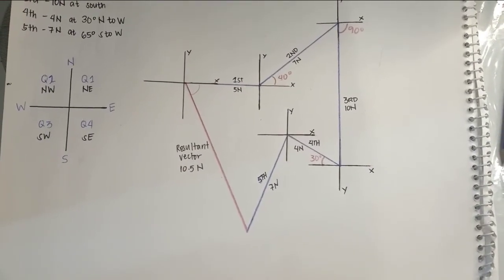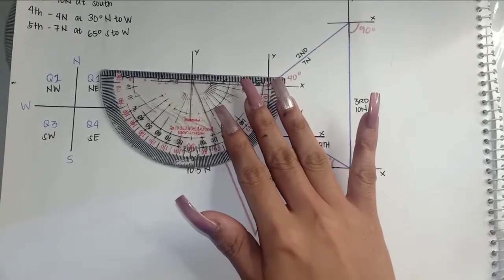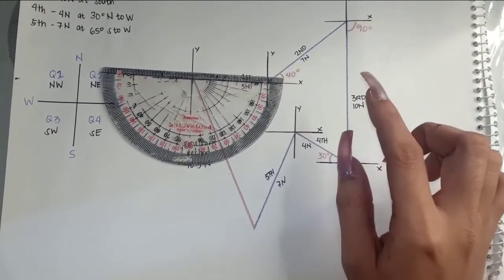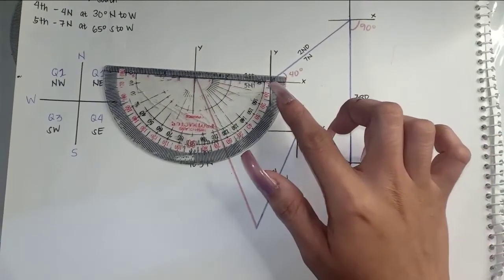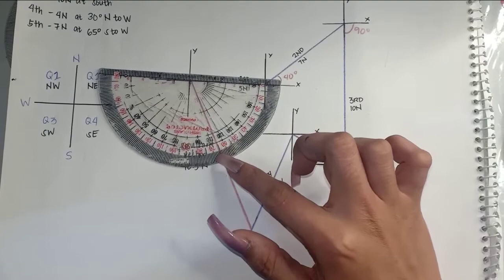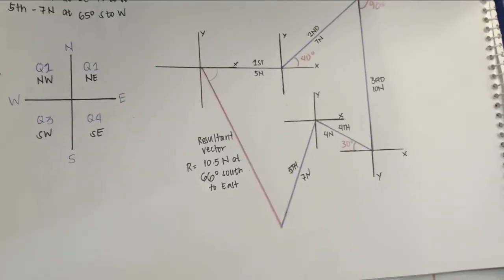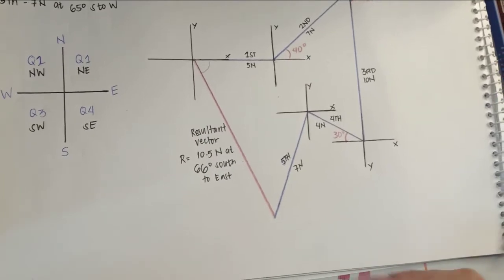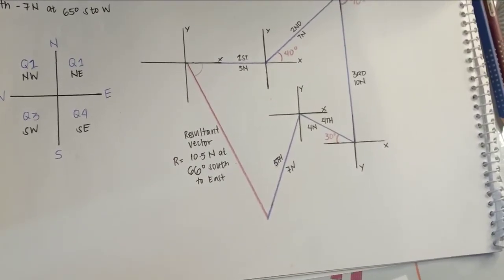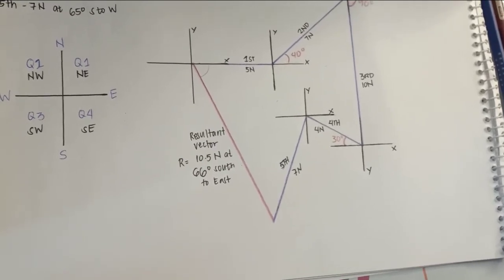So, let's get our protractor. Tapat sa origin. 0, 10, 20, 30, 40, 50, 60, 66. And for the final answer, the resultant vector is equal to 10.5 Newton at 66 degrees south to east.